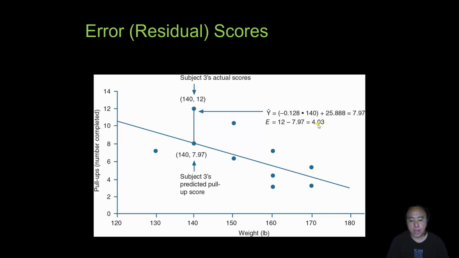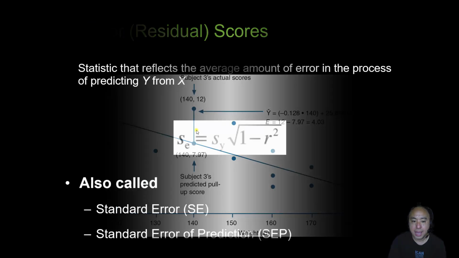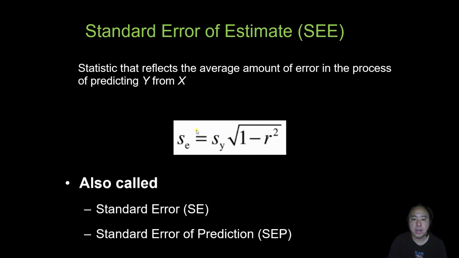And just imagine if I were to collect more subjects who weigh 140 pounds, some of them will be above that predicted score of 8, some of them will be below that, and eventually you'll get a distribution of what's called error scores or residual scores. The average deviation of the scores from the predicted score can be measured with what's known as the standard error of estimation, or standard error of estimate.